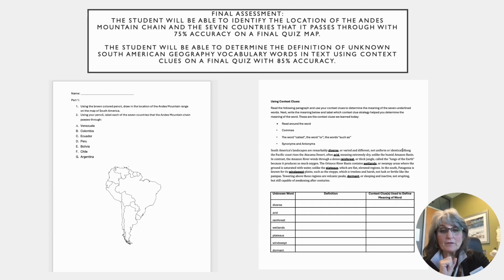So if you look right here, you'll see that I have created a mapping activity on the front page, and on the back page, what did I give my students? I gave my students another opportunity to use a piece of text and their context clues to figure out unknown words. And so this would be my final assessment for this lesson.